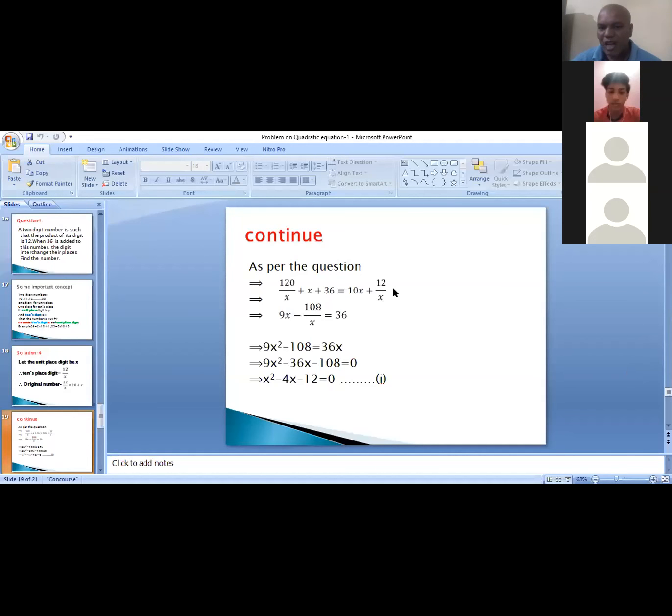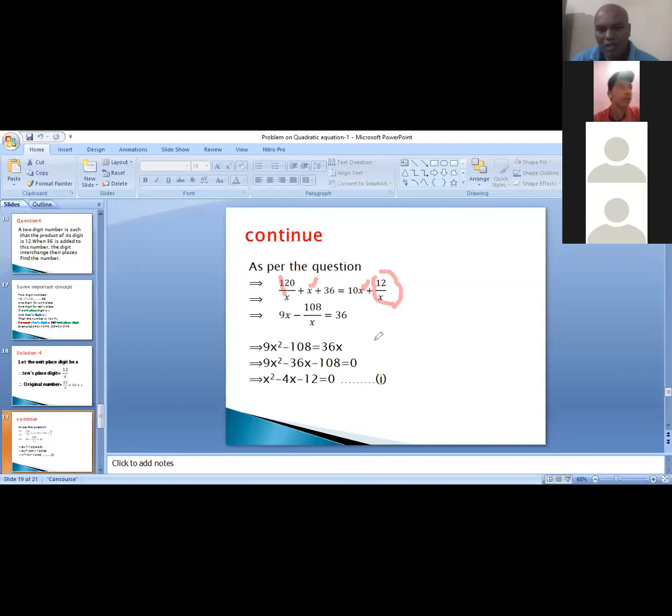You see, I just interchanged the digits. Here 12 by x is in the 10th place and x is the unit place, whereas here 12 by x comes to the unit place and x is the 10th place.